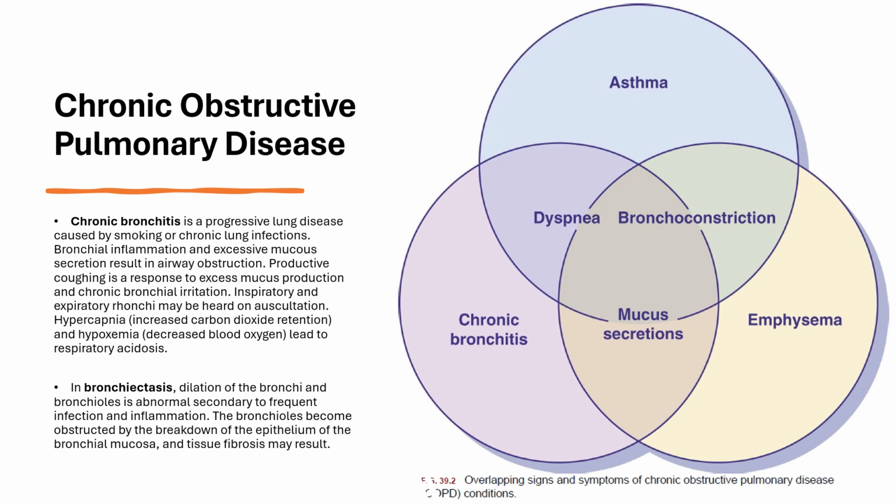Patients with chronic bronchitis will have a symptom of a chronic productive cough for at least 3 consecutive months in 2 consecutive years. There is increased mucus production, inflammatory changes, and ultimately fibrosis in the airway walls.